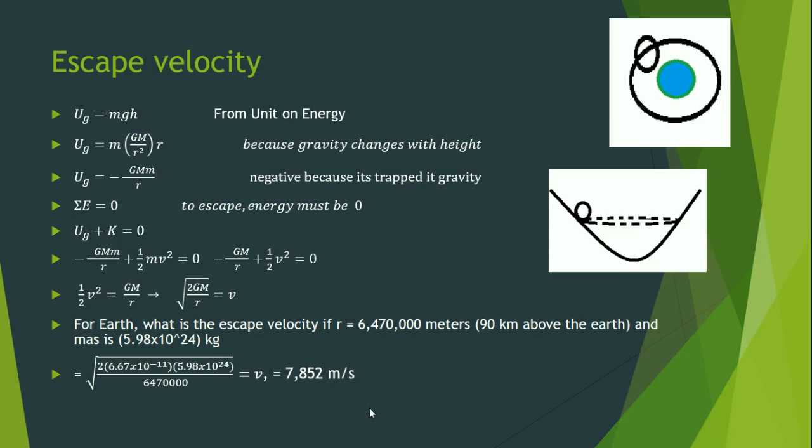You really need to move very, very fast to escape planet Earth, or pretty much any planet. Even to escape the moon, you need about 2,000 or 3,000 meters per second. So that is very, very fast.